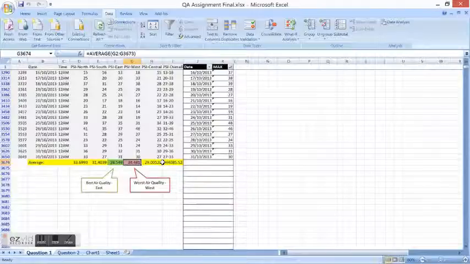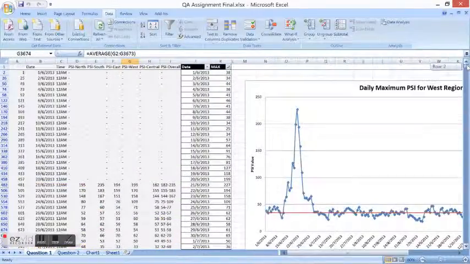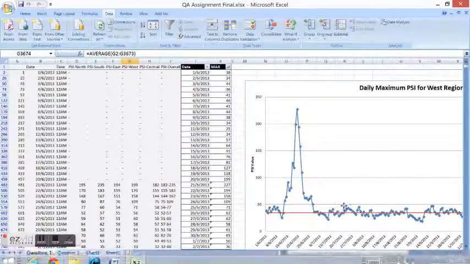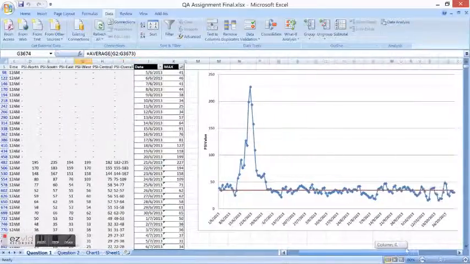So this leads me to the second part of the question, which asks us to find the worst air quality. Not only that, we also need to make a daily maximum PSI chart for the worst region.